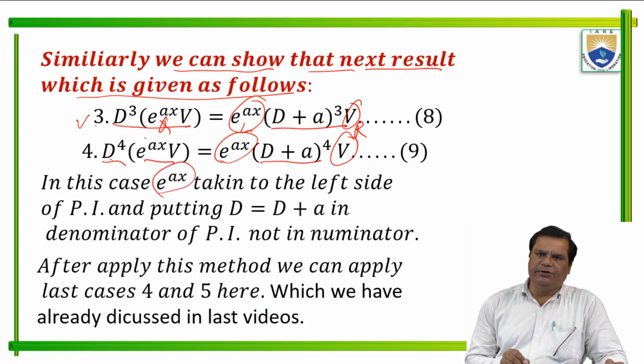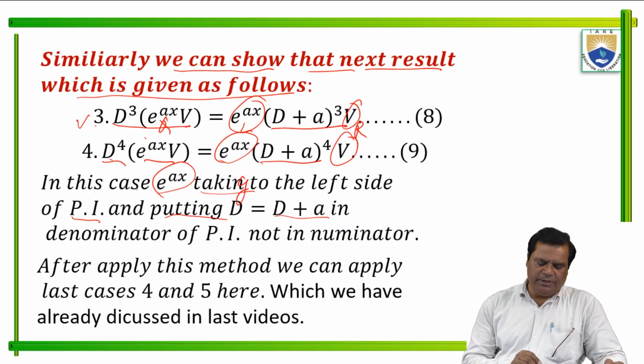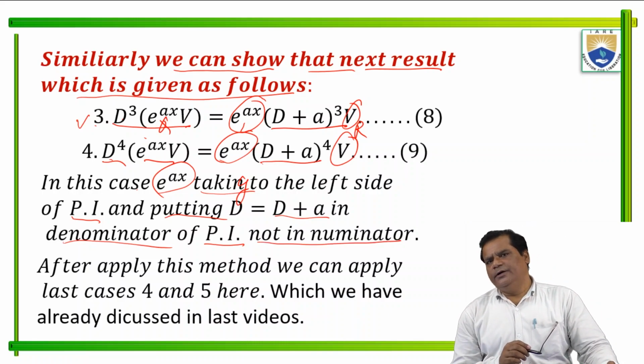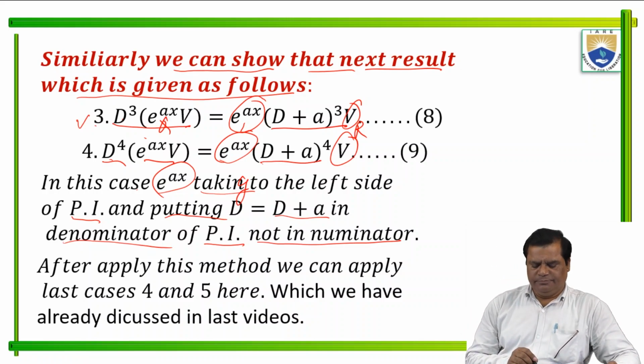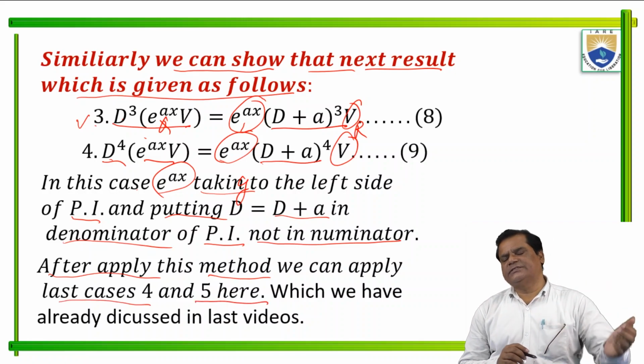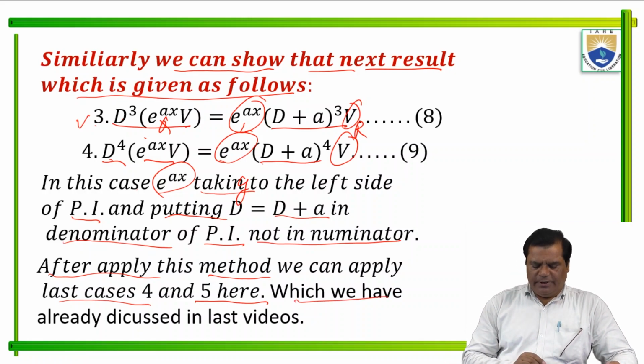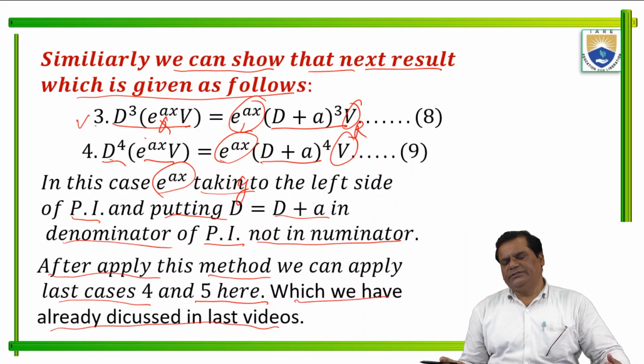The exponential function e to the power ax is taken to the left side of the particular integral, and D is replaced by D plus a, only in the denominator, not in the numerator. After applying this method, we can apply cases 4 and 5, which we have already discussed in the last lectures.